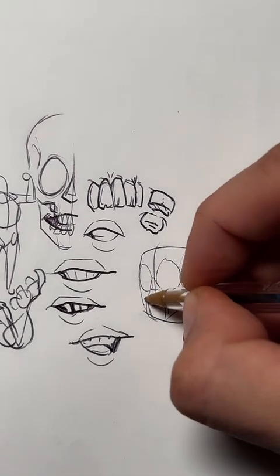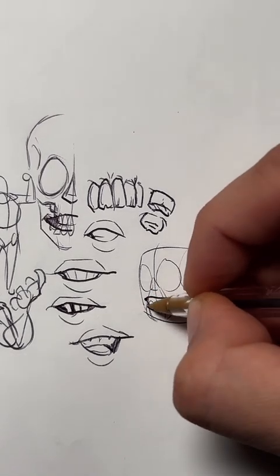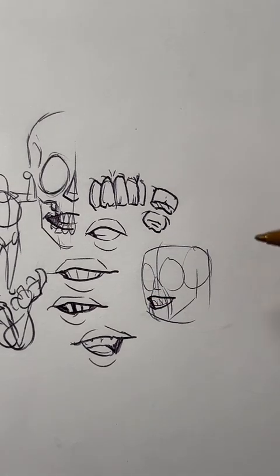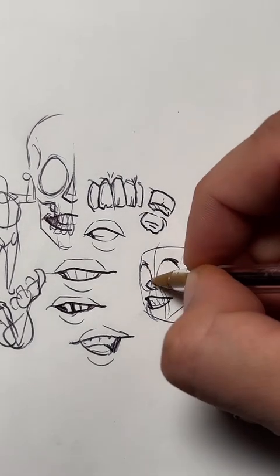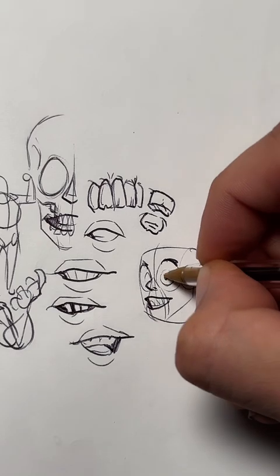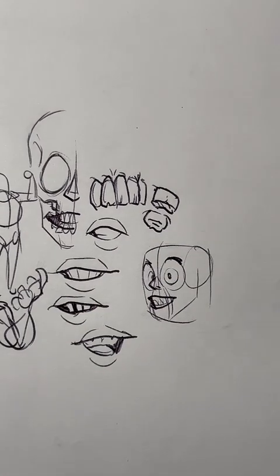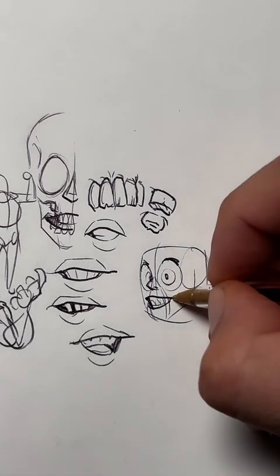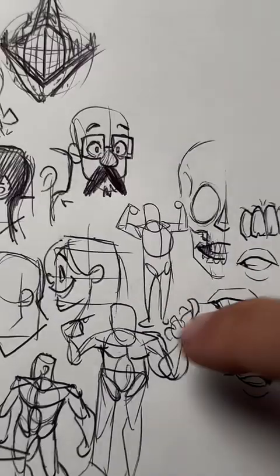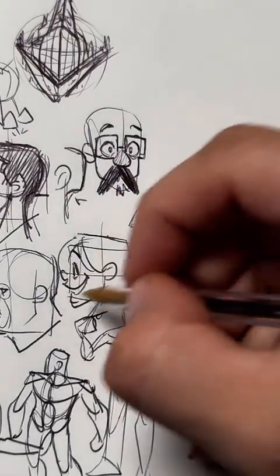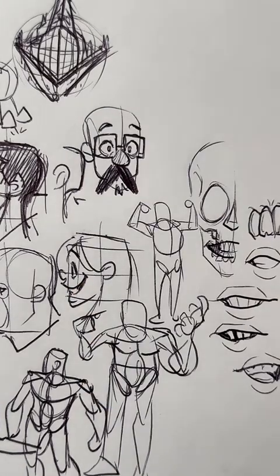And you just have to draw your mouth around that. Ta-da! Anatomy for the win! Never guess where your mouths go ever again. So that is essentially how I draw my mouths. That's why they never look out of place, even though they're exaggerated. You would never feel like it's actually out of place.